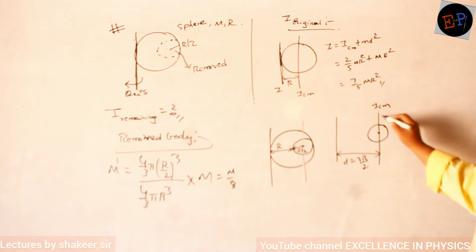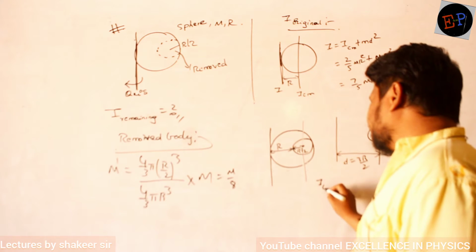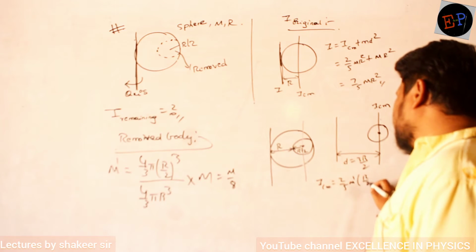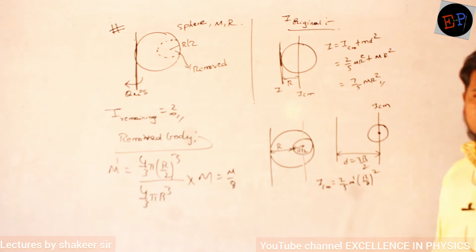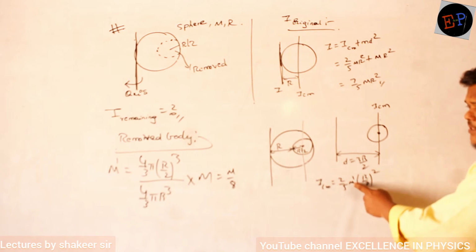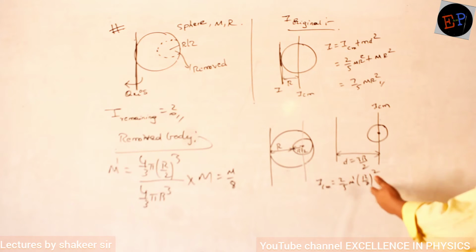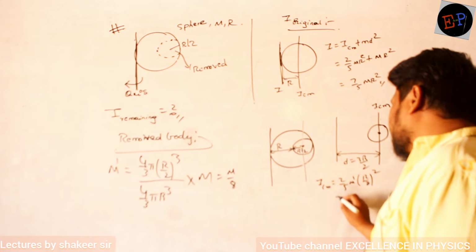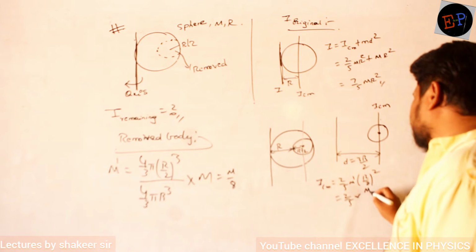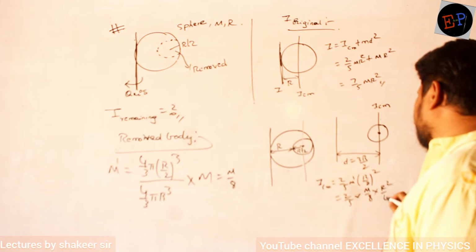So what is the moment of inertia about the center of mass for this removed body? I center of mass is equal to 2 by 5 m dash (r by 2) whole square. Here m means m dash, because its mass is different, and its radius is only half, so r by 2. So it is 2 by 5, m dash is m by 8, multiplied by r square divided by 4.